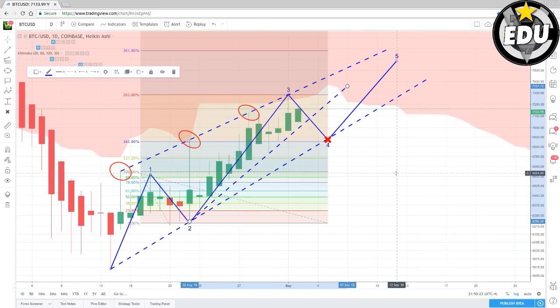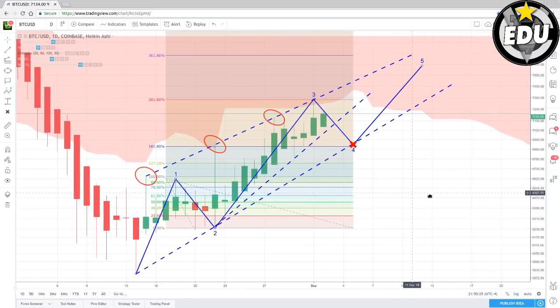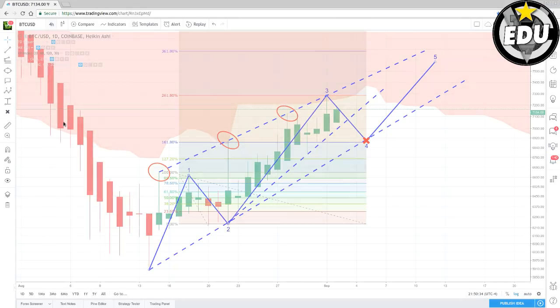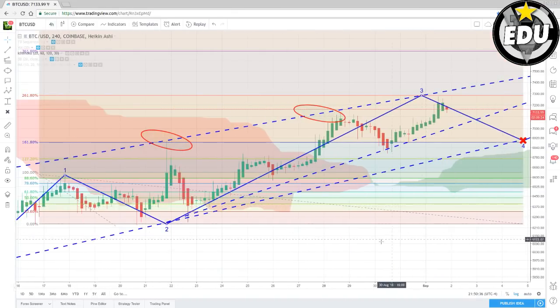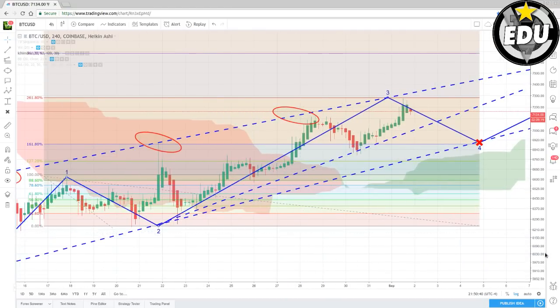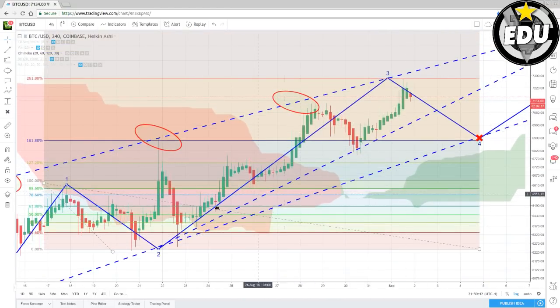Anyways, let's check closely, because there are other waves that might tell us that we're dropping. So if I go to the 4-hour chart, here we go. The 4-hour chart presents another three waves, 1, 2, and 3.